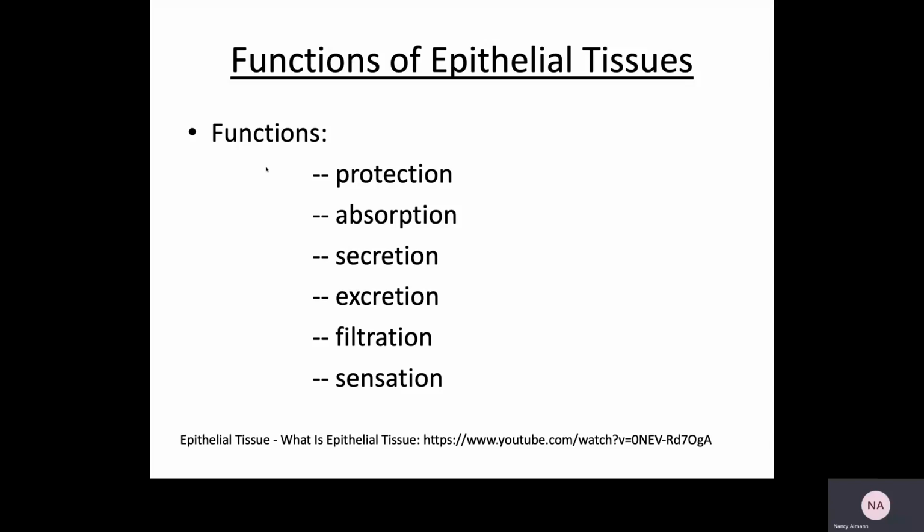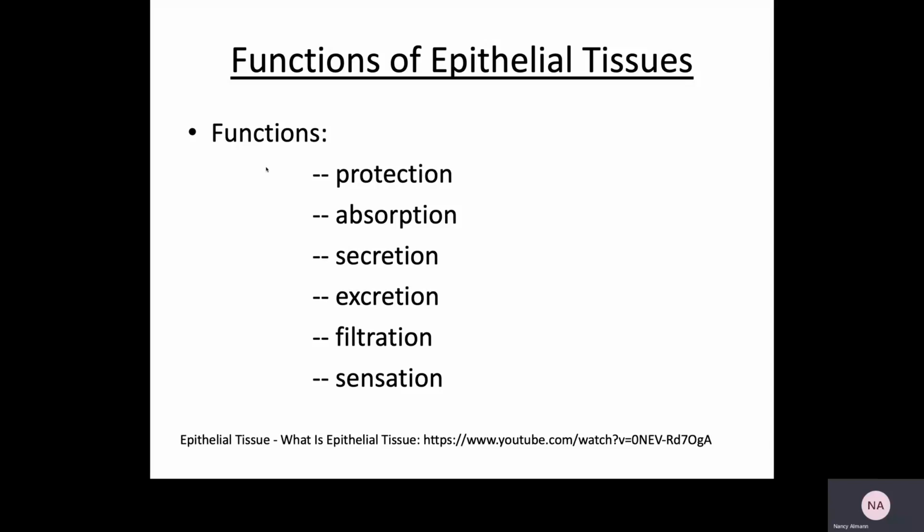Absorption, sure enough, you're going to need to absorb material through the digestive system, for example. Secretion, yep, you're going to be secreting material out of kidney tubules, and the kidney tubules are formed by simple cuboidal epithelial tissue.